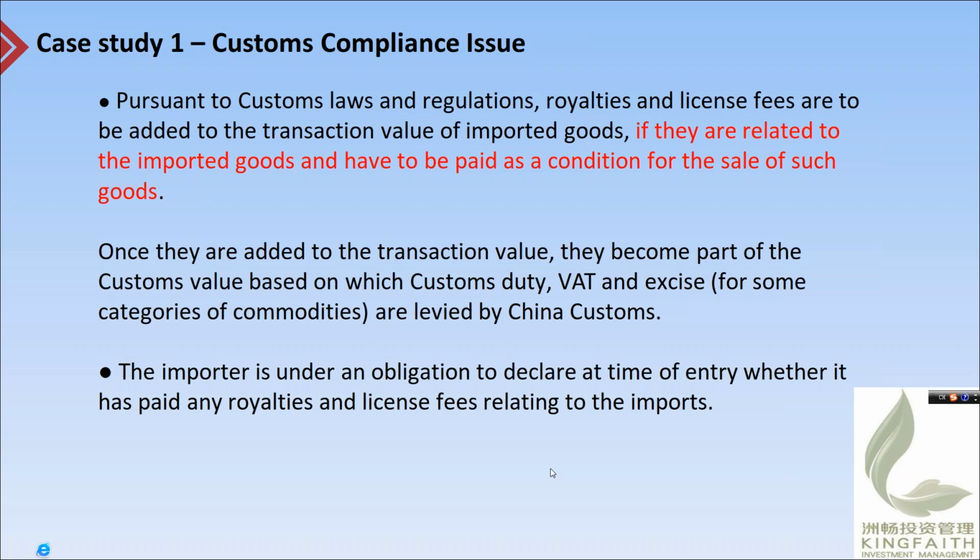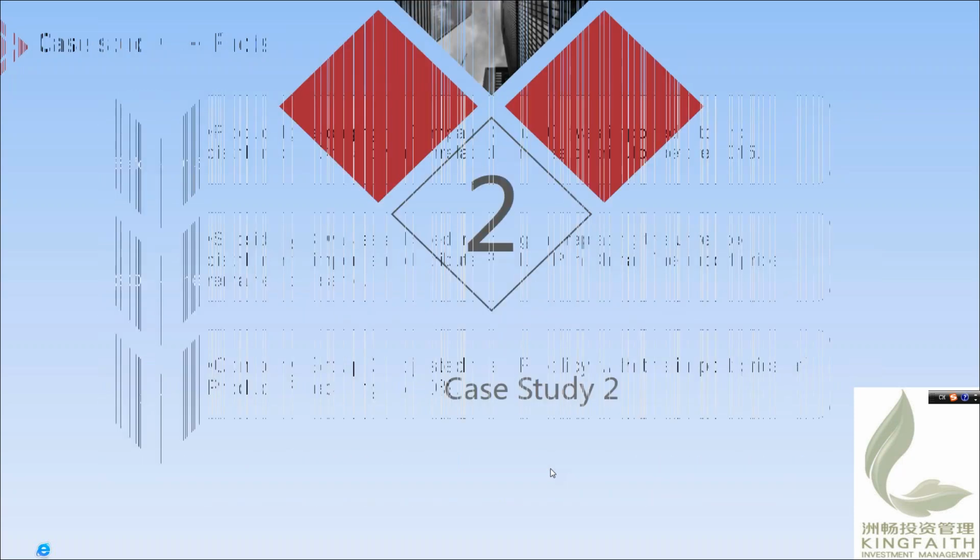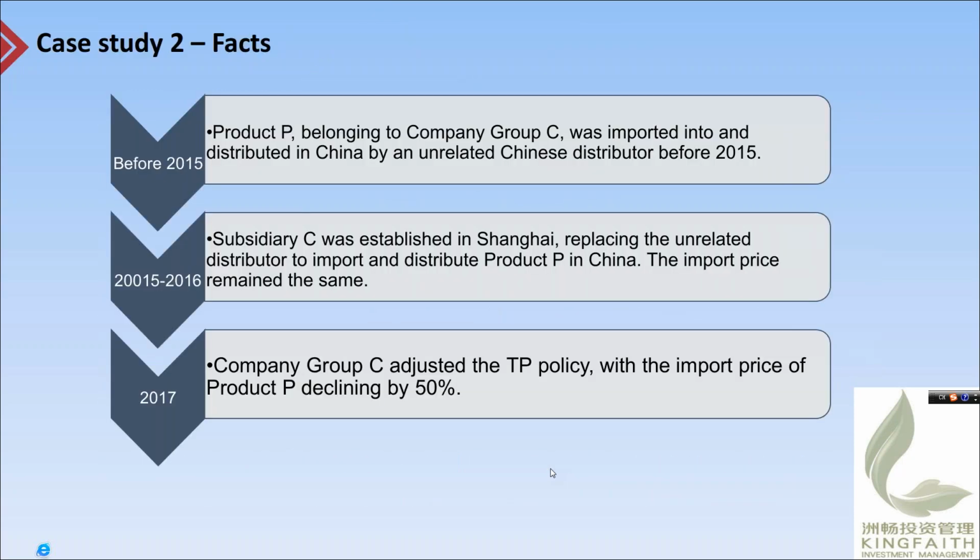And let's look at the second case, case study 2. The second case is a typical TP case. As you can see on the screen, before 2015, product P was imported into and distributed in China by an unrelated Chinese distributor.